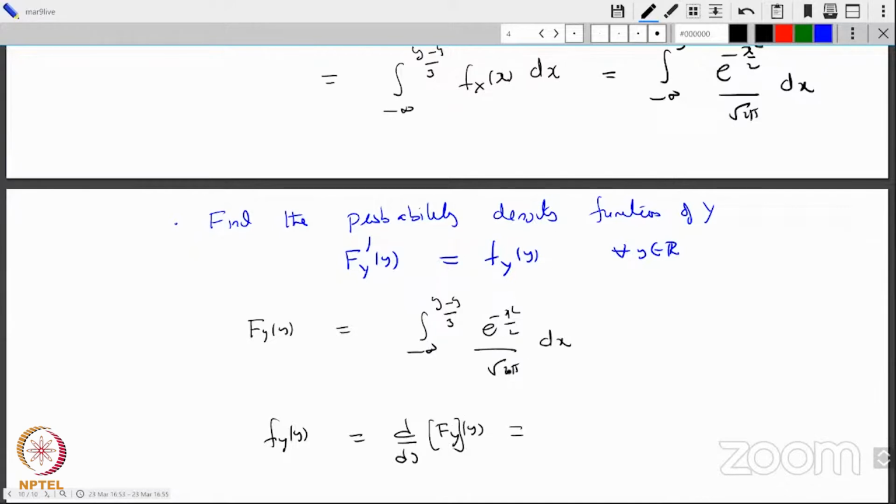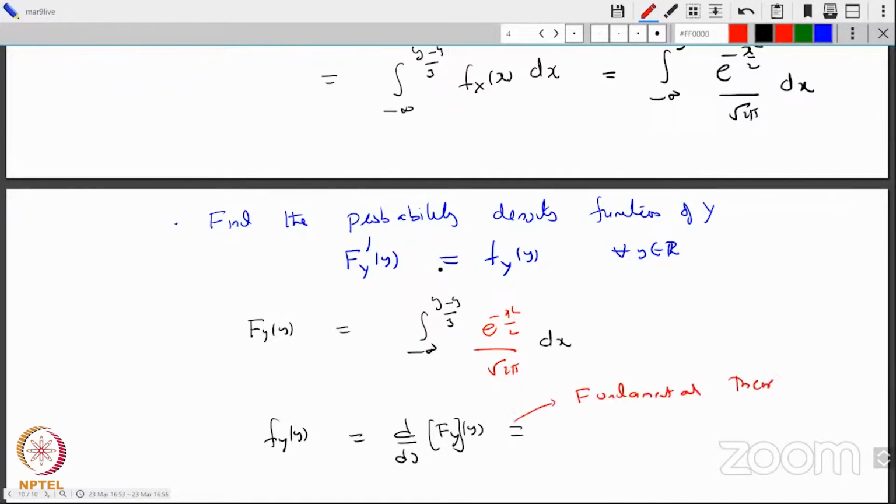But what is d by dy of this integral? Let's apply what's called the fundamental theorem of integral calculus.